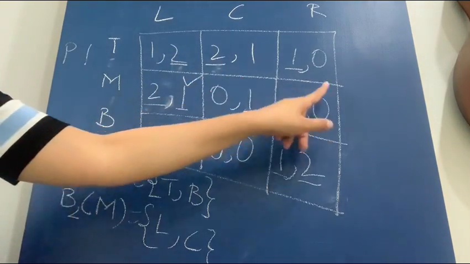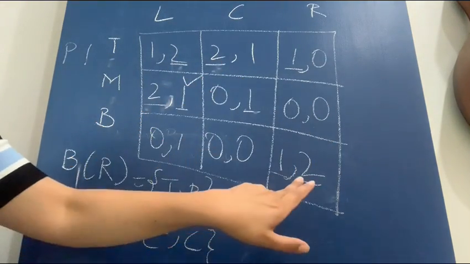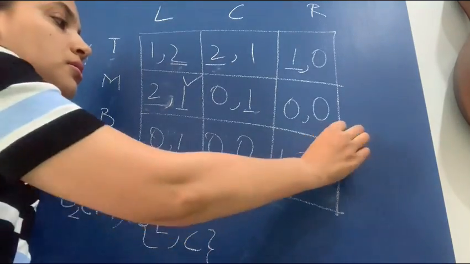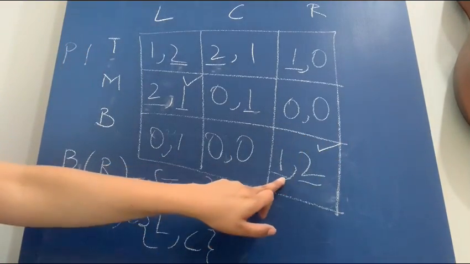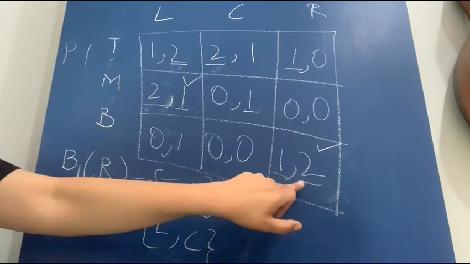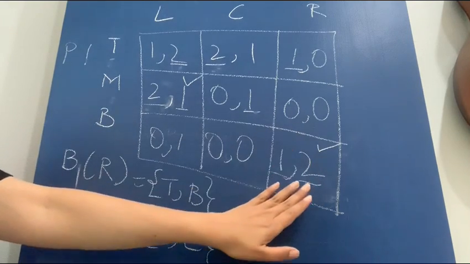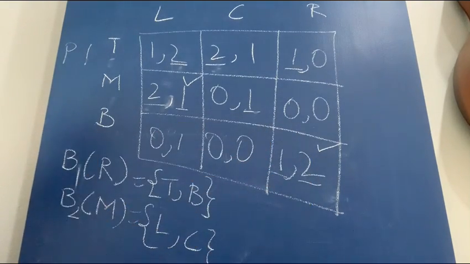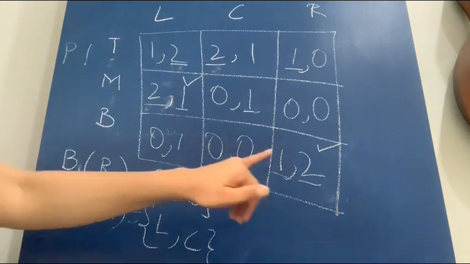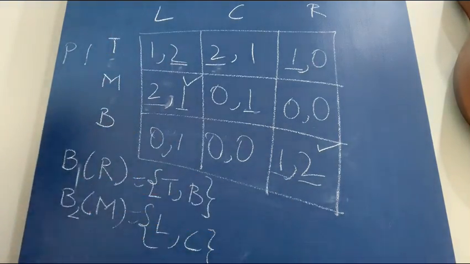And then here you can see where else you have both the underlines here. Here again, player 1 and 2 are both playing their best responses. So as per the definition of Nash using the best response function, if both the players are playing their best response, then that particular state is a steady state or a Nash equilibrium.